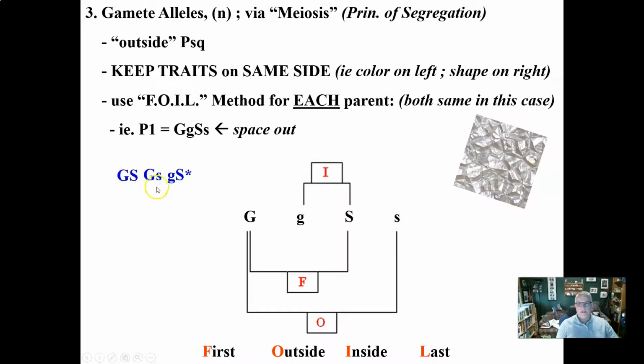See how G is on the left side here, as I said up here, and the S is on the right side. It's easier this way. So this is an exception to the uppercase, lowercase rule when you figure out the sex cells for dihybrids. Then L is last. These are the last two alleles of the traits, in this case, little g, little s. So then you write that down someplace.